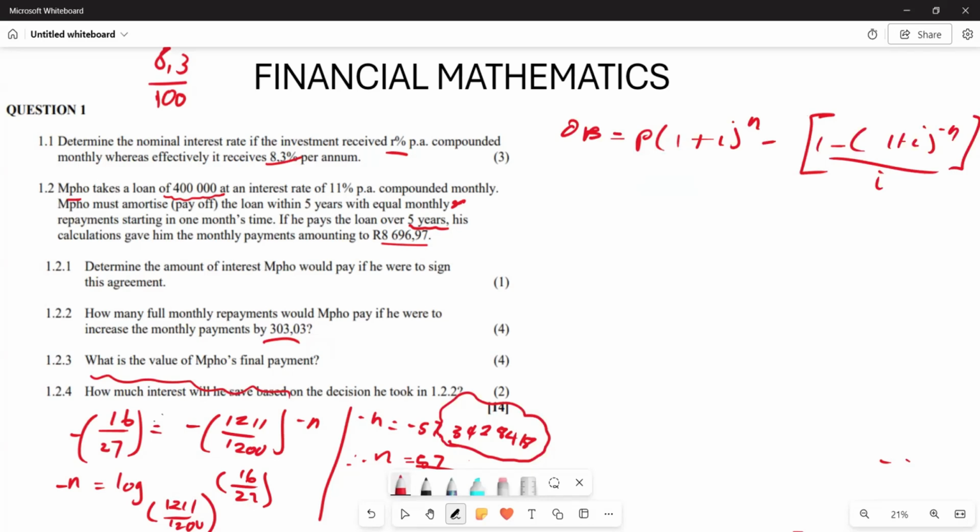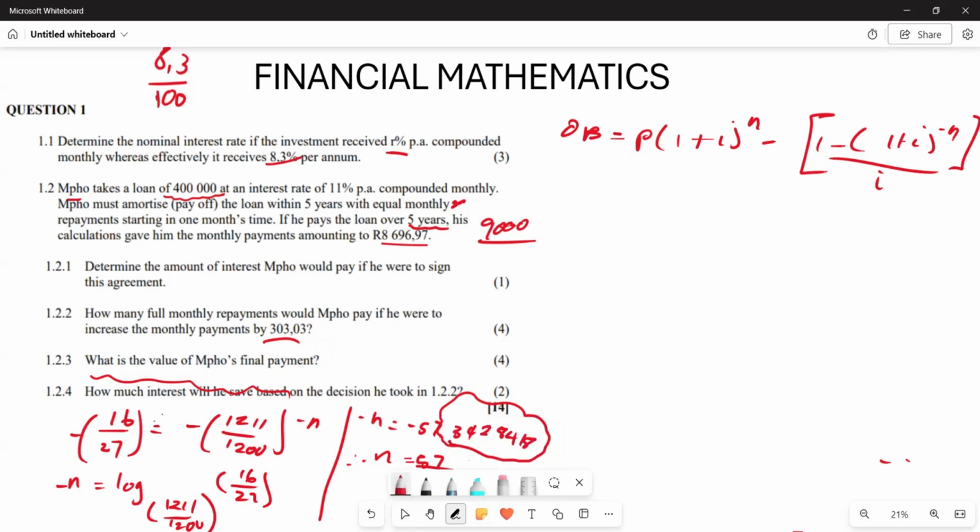They know that Mpho is going to be paying 9,000, right? But in the last payment, because it's 0.34, is it going to be 9,000? Your answer firstly is no, right? So if it's not 9,000, what is it going to be? Let's see how we can tackle that one.